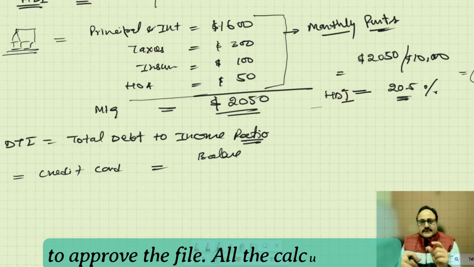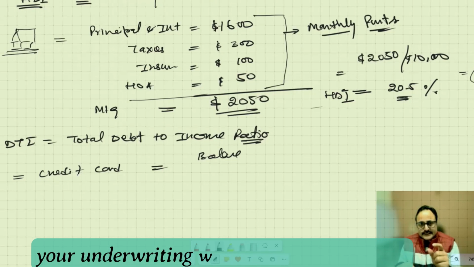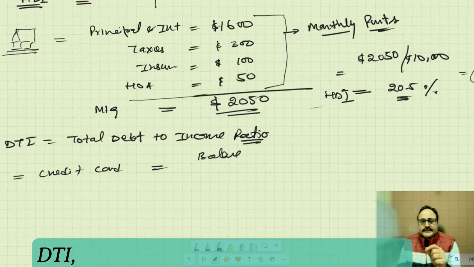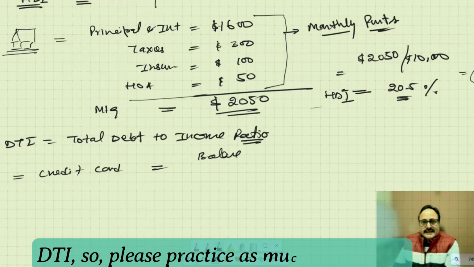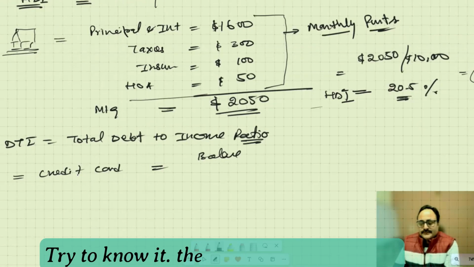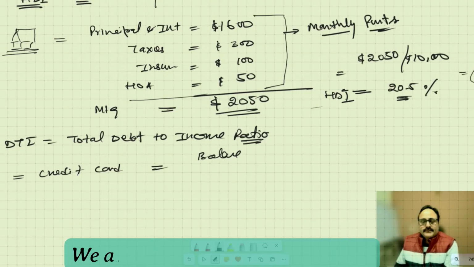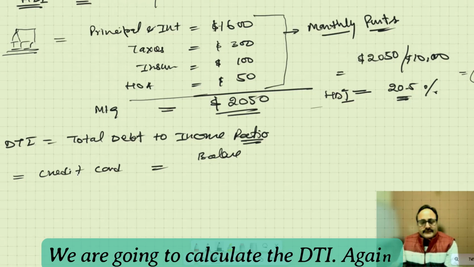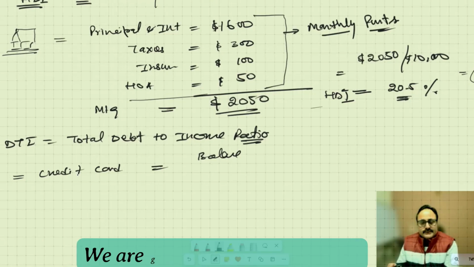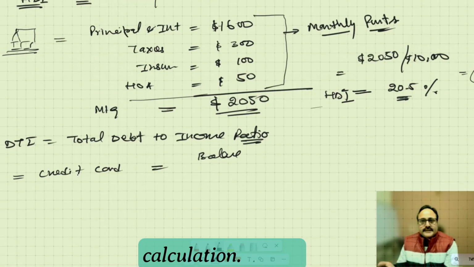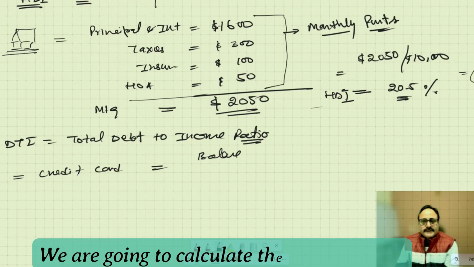All the calculation of your underwriting is concluded here in the DTI. So please practice as much as you can. There are going to be different scenarios while calculating. Each time we complete the credit, we are going to calculate the DTI. Again, we are going to learn the income calculation, and again we are going to calculate the DTI, right?